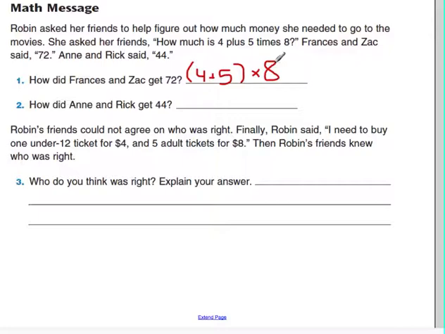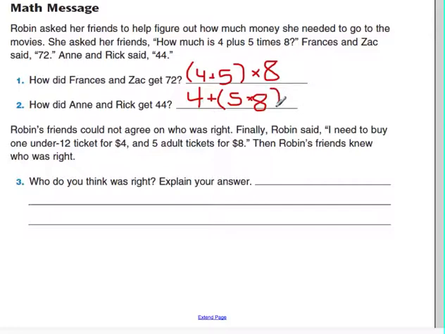How did Anne and Rick get 44? Well, Anne and Rick first multiplied 5 times 8, and when they did that, they got 40. And then they did 4 plus 40 to get 44.